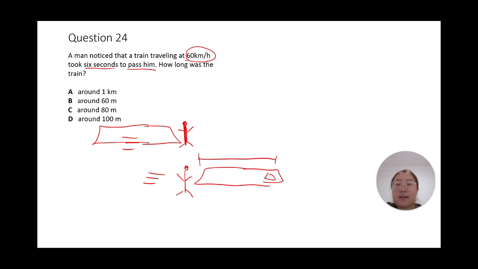So to figure out that length, we want to figure out how many kilometers or meters this train traveled in 6 seconds, or the duration that it took for the whole length of the train to pass this man.